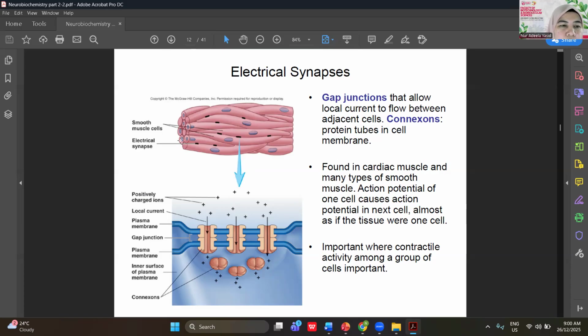These electrical synapses can be found in cardiac muscle and many types of smooth muscle. So this is where the electrical synapse is located. The importance of this electrical synapse is that it is critical in tissues that require synchronized contractile activity, such as the heart, to ensure efficient pumping of blood.